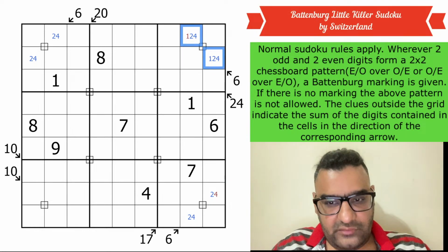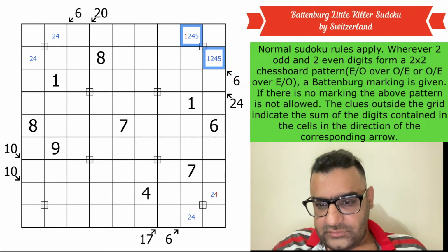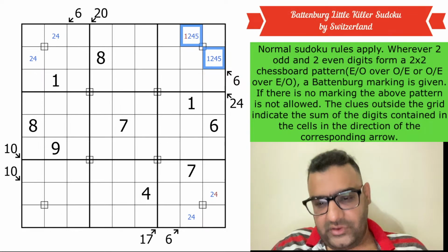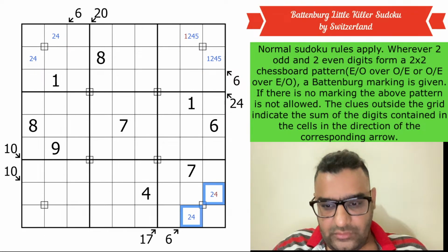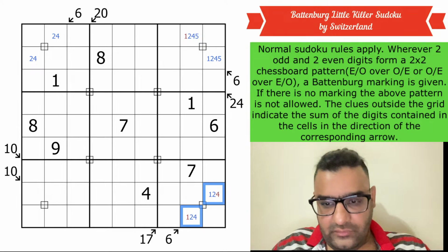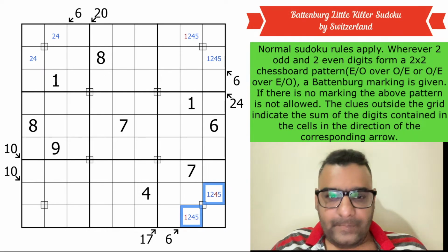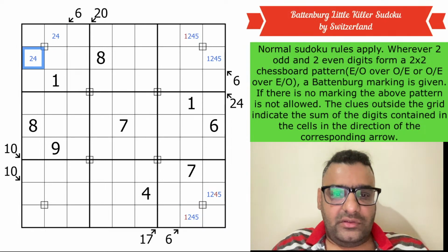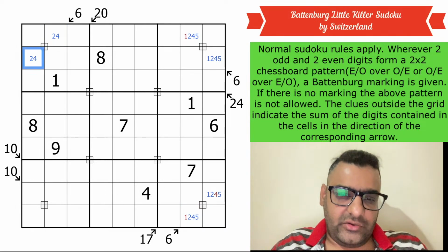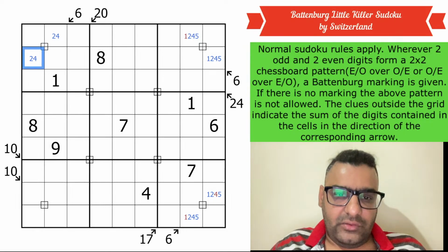I mean, 1 cannot be here, but 1 can be here. And if we go here 2 and 4, this can also contain 1 and 5. Okay, let's complete this one because this is 100% correct that here would be 2 and 4.